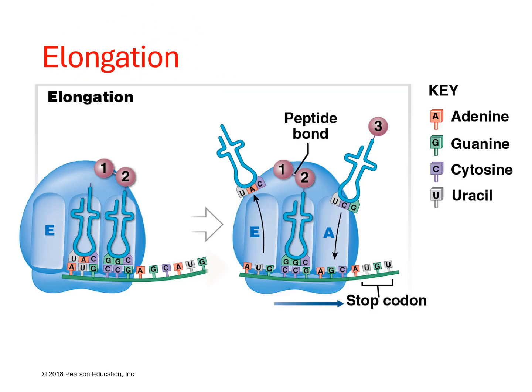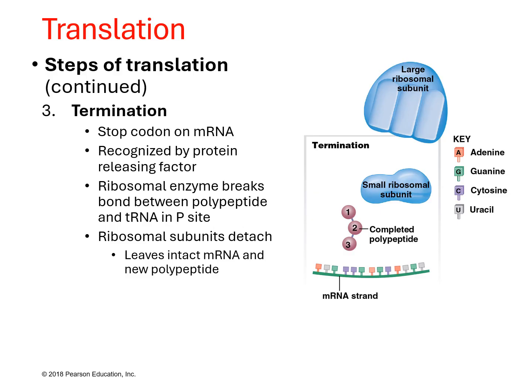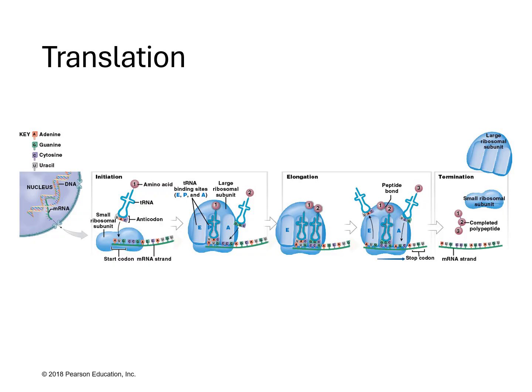And then finally we're going to look at how it terminates. It terminates once the small and the large subunits come apart, and then you have a completed peptide of either 40 amino acids long or a couple hundred thousand amino acids long. And that's the whole step of initiation, elongation, and termination.